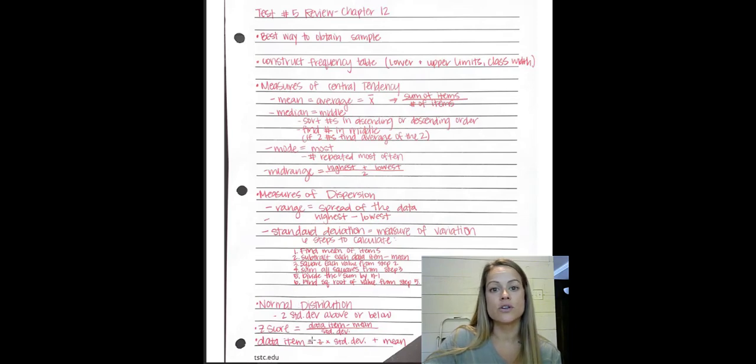They give it to you so you don't have to figure it out. And then we figure out the standard deviations above or below that mean. And then our z-score, we take the data item minus the mean and then divided by our standard deviation. Again, they're going to give you all of this information. All you have to do is plug it into the formula.